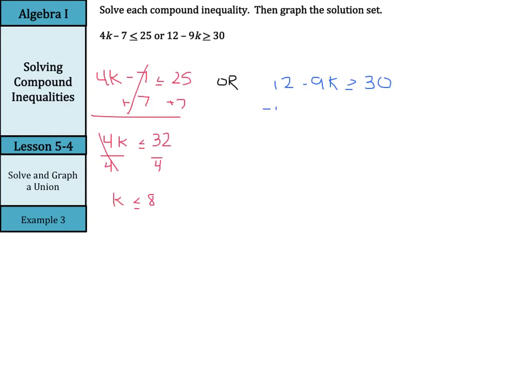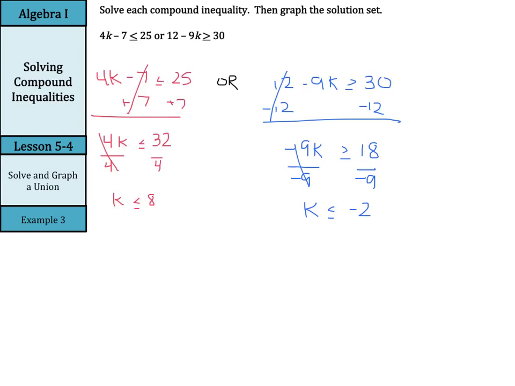And in our next inequality, if we subtract 12 from both sides, you're left with negative 9k is greater than or equal to 18. Then divide by negative 9 on both sides. And k is, well, we're dividing by a negative on both sides here, so make sure you change that and reverse the sign to less than or equal to negative 2.